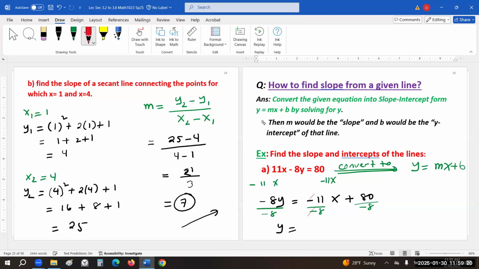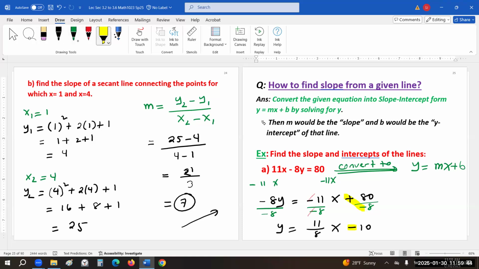Cancels. So you're left with positive 11 over 8x. And what is 80 divided by negative 8? Negative 10. So the plus and minus gives us a minus, and 8 goes into 80 10 times.